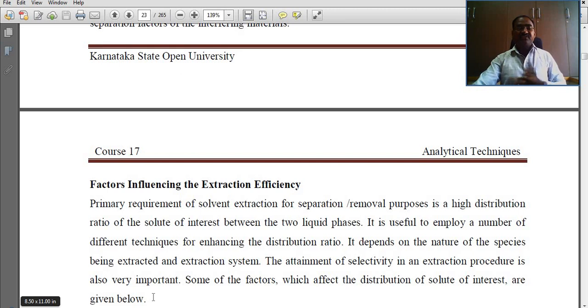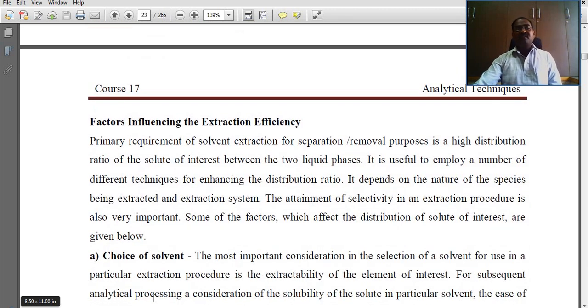The factors influencing the extraction efficiency. The primary requirement of solvent extraction for separation or removal purposes is a high distribution ratio of the solute of interest.